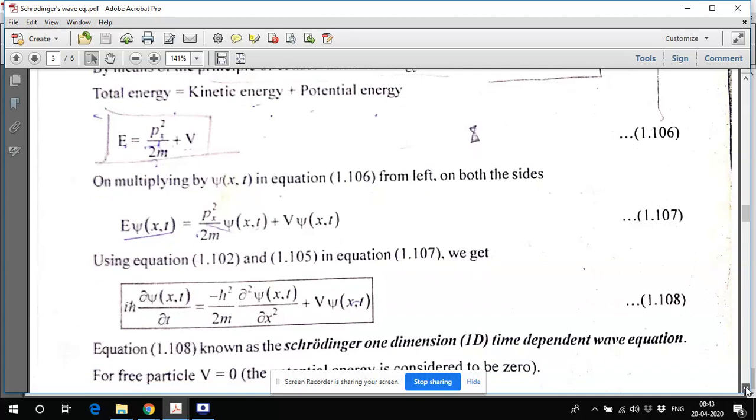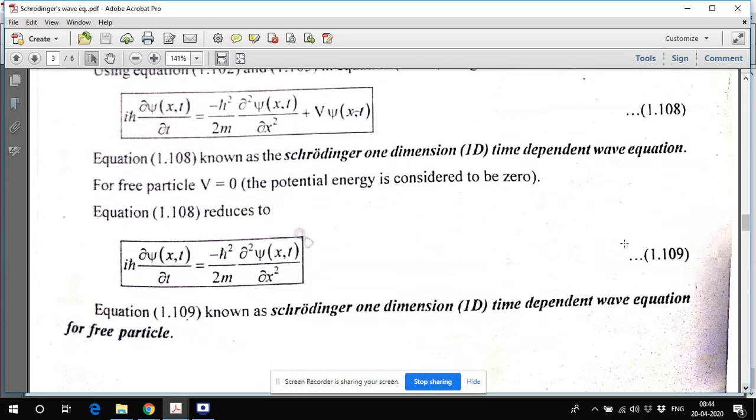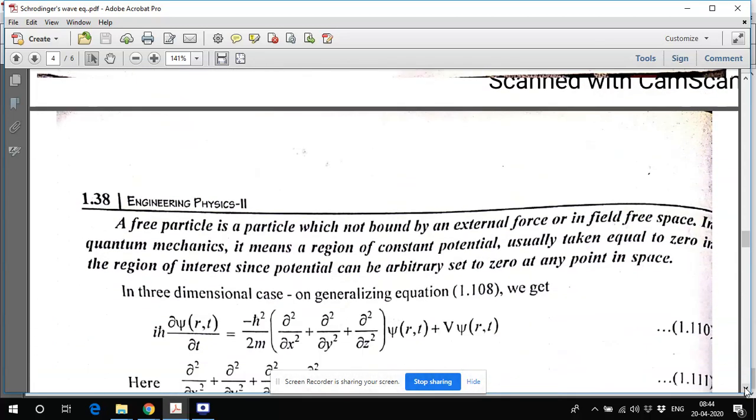If we move further, suppose V is 0, potential is 0, then this term will be 0. That is a free particle. A free particle means a particle moving here and there, not bound, so potential energy will be 0. So for a free particle, this term will be 0, and the equation turns out to be this. We will use it also.